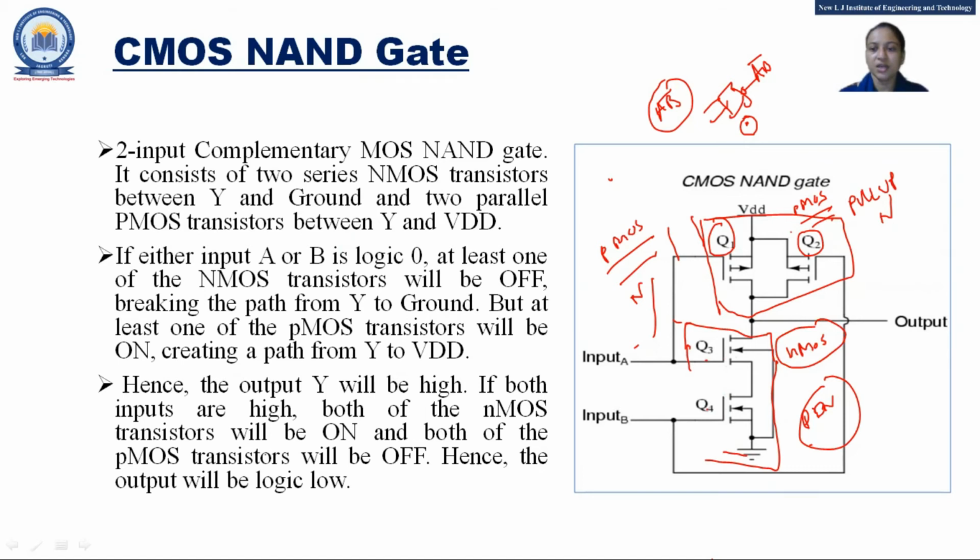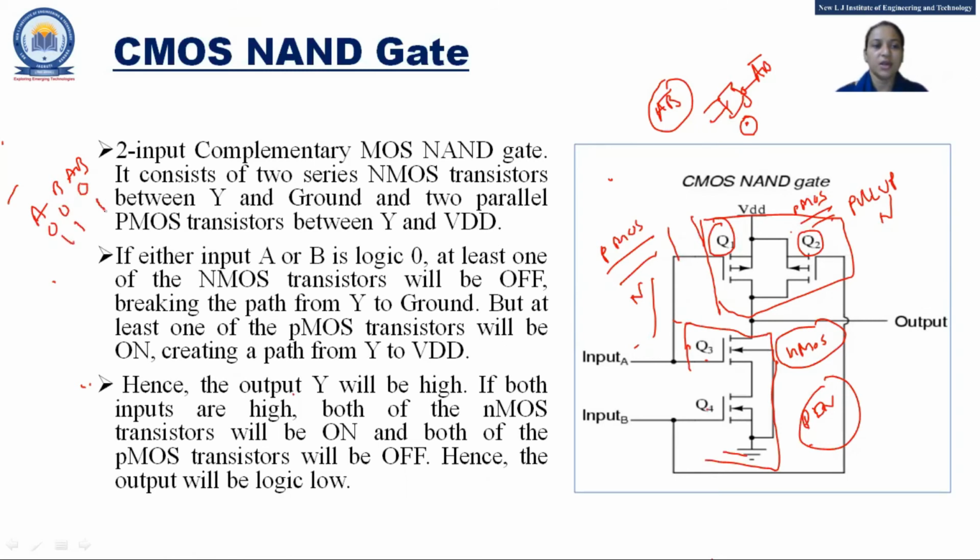Now again for the NAND gate, as we all know, first consider the AND gate: for 0 0, the AND gate result is 0.